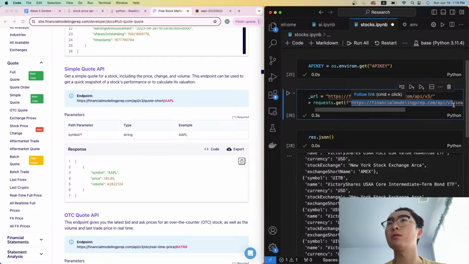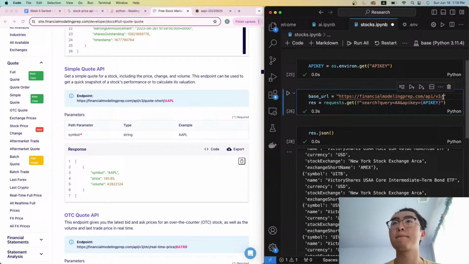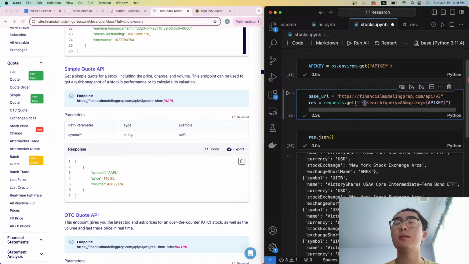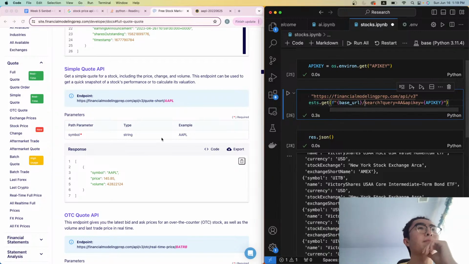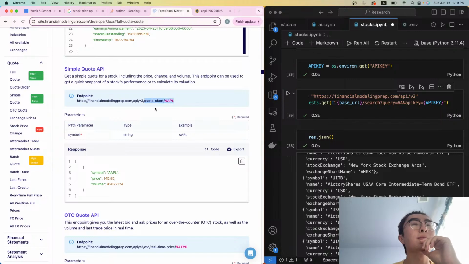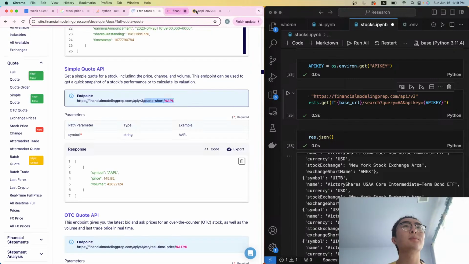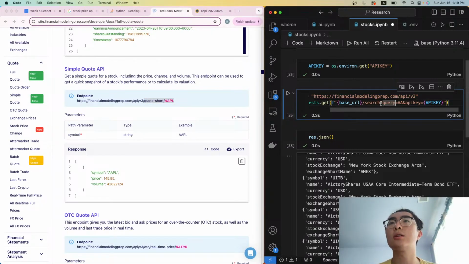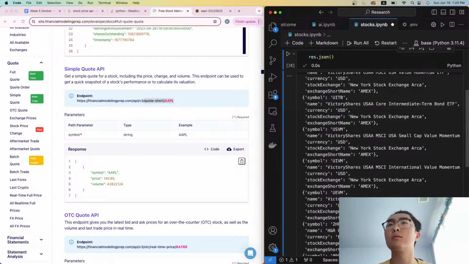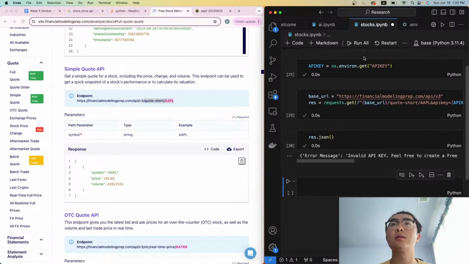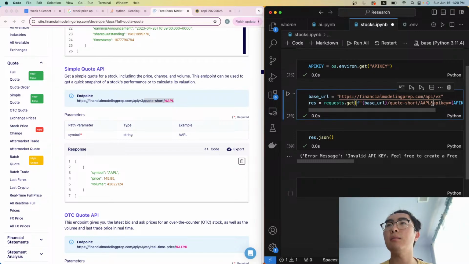Right. So we'll just do this. Base URL slash search. Nope, quote short. See, invalid API key. Maybe we do this.